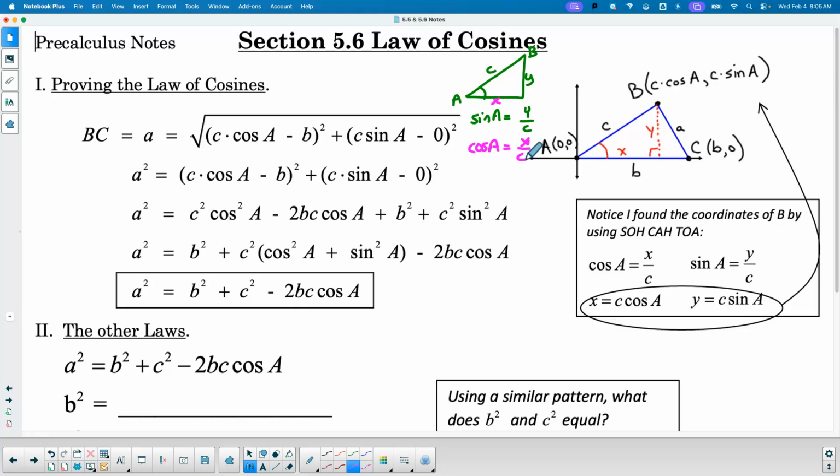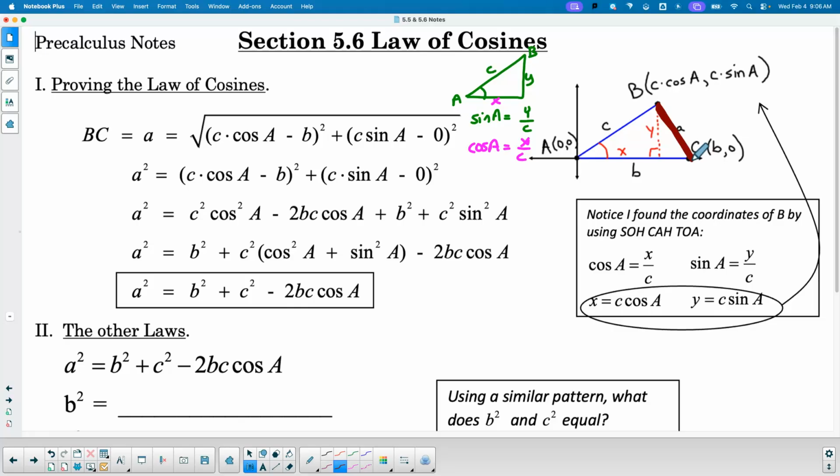What we're trying to find here is the side length A, the opposite side from angle A. So we can use the distance formula, which is basically the Pythagorean theorem manipulated a little bit for you.